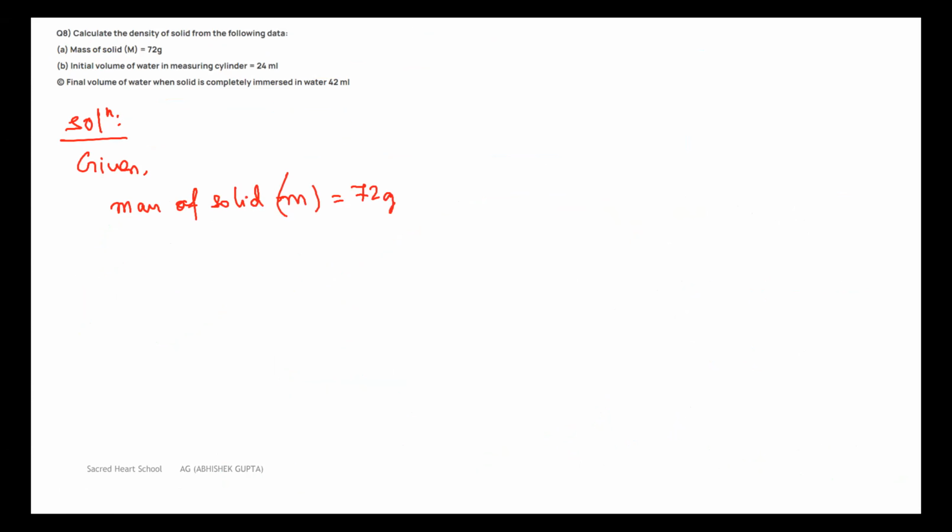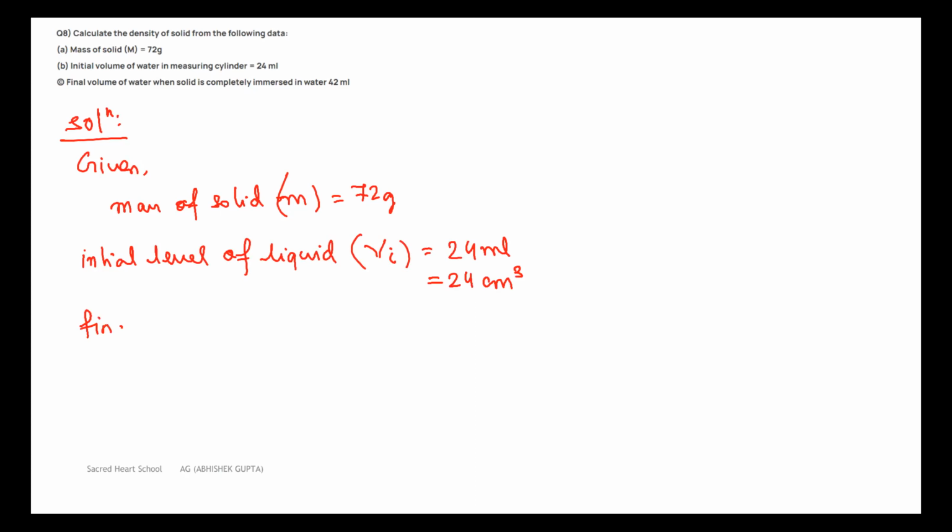Initial level of liquid, represented by V initial, is 24 ml, which is the same as 24 centimeter cube. Final level of liquid, we will denote by V F, is 42 ml, which is the same as 42 centimeter cube.